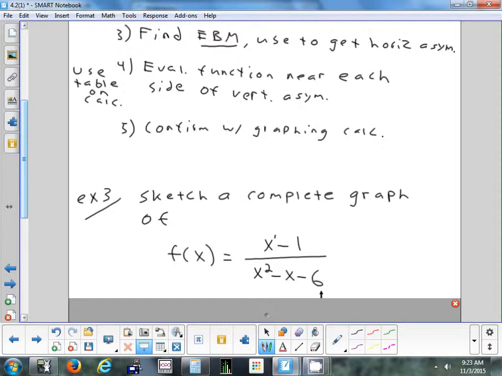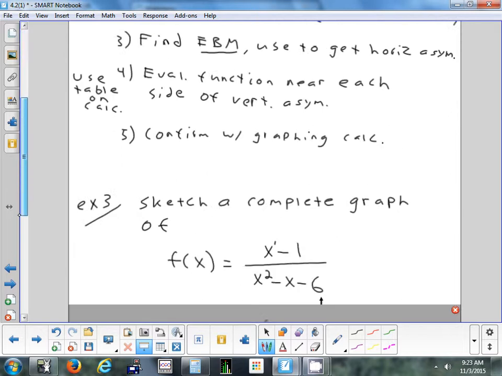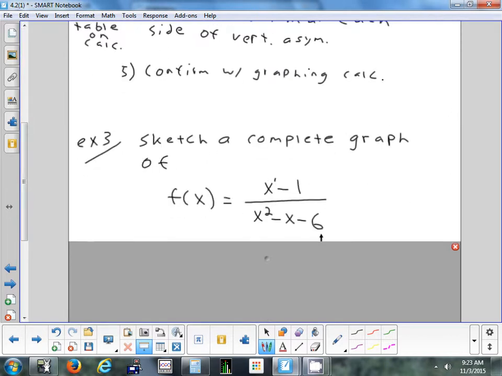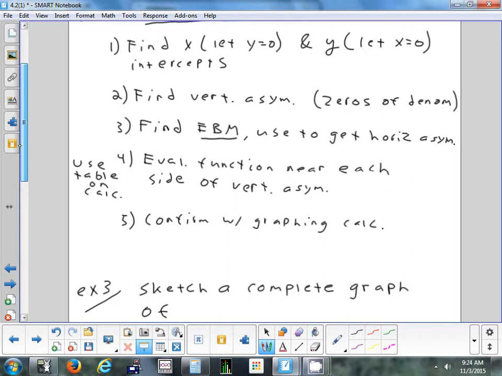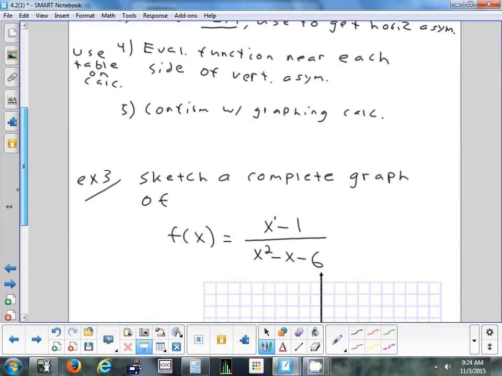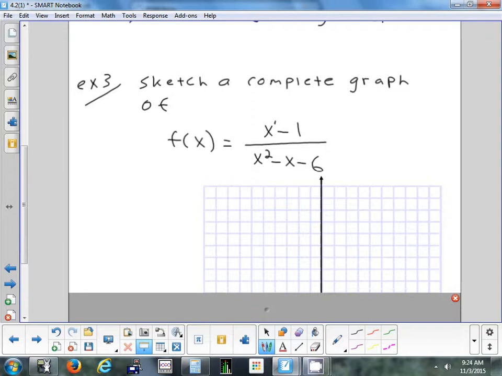X squared, yeah. So I said to you the degree of the numerator will be less than or equal to the denominator, and that happens here. Top is 1, bottom is 2. All right, so let's find our asymptotes first. So let's start with the vertical asymptotes.